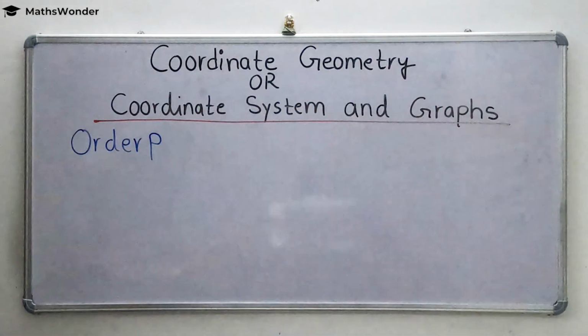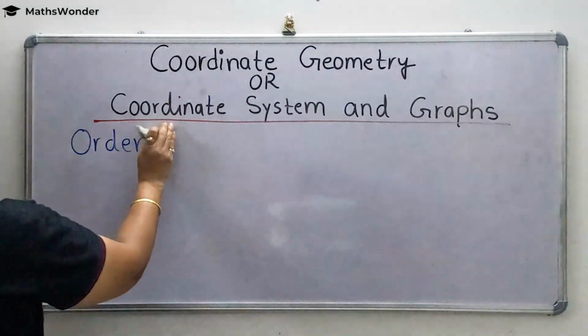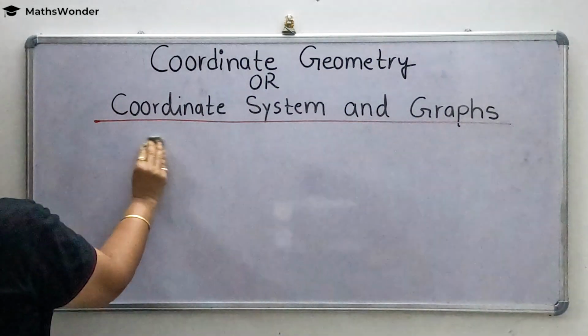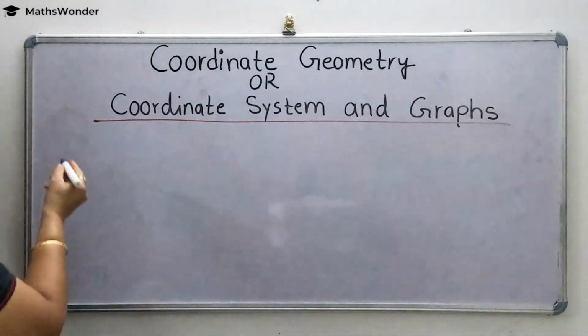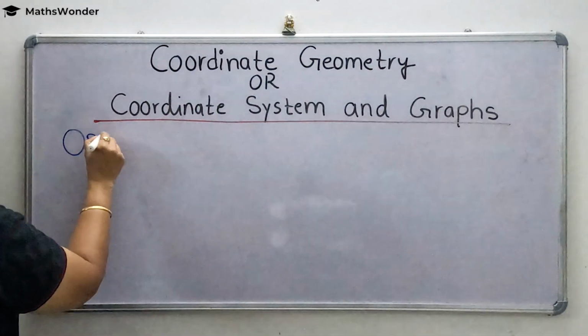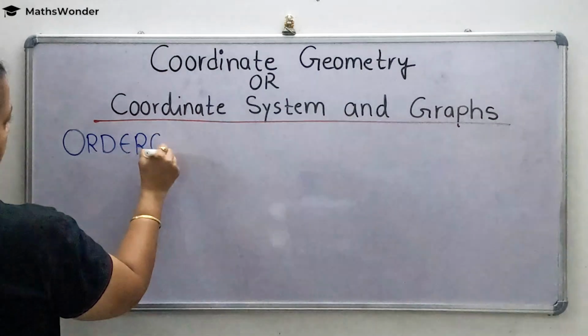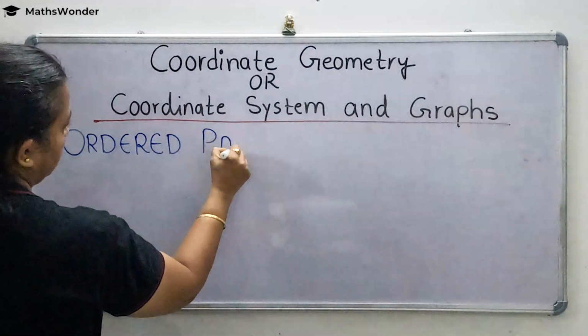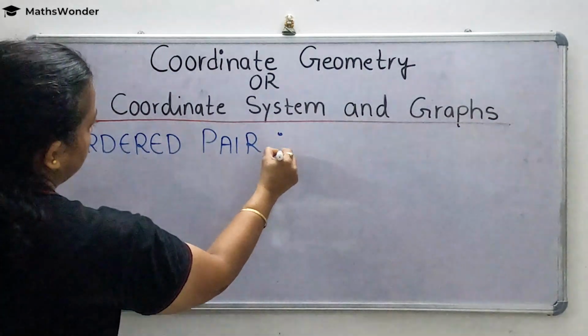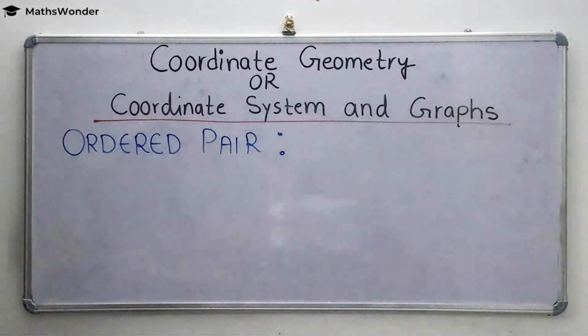What is an ordered pair? A pair of numbers A and B listed in a specific order with A at the first place and B at the second place is called an ordered pair.